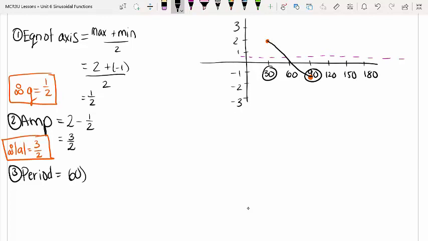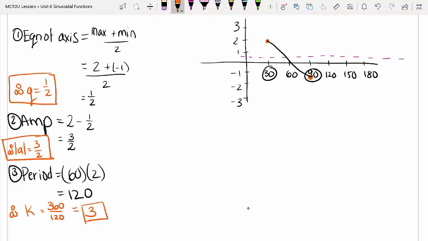So if I multiply that by 2, I'll get the full period. Okay, so we know the period of our function is 120. Why is that helpful? Well, we learned that the period from the graph has a connection to the k value in the equation. So we know that the k value is equal to 360 divided by the period. So that means our k value is going to be 3.